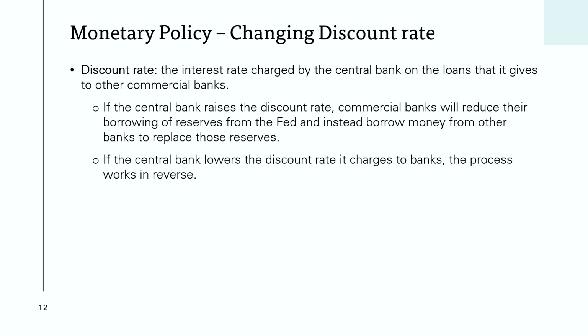This reduces the bank reserves and tightens credit conditions. When the Fed lowers the discount rate, borrowing from the central bank becomes cheaper, making it easier for banks to obtain reserves. This expands the supply of credit and has an expansionary effect.